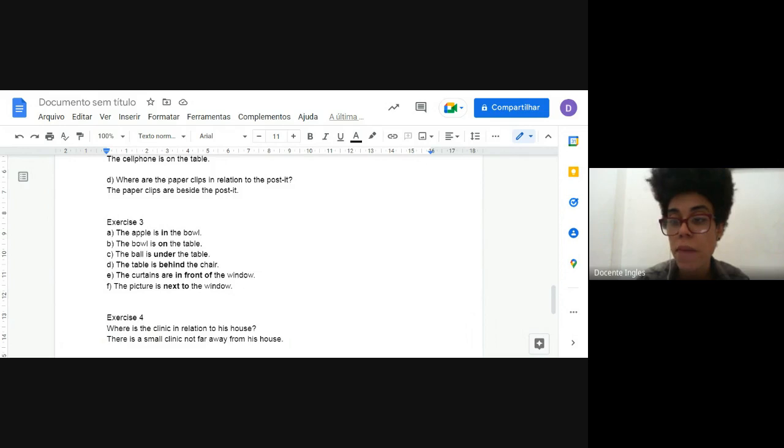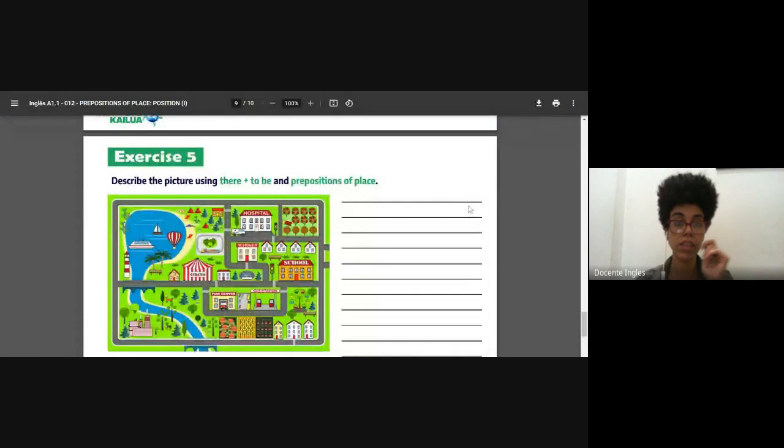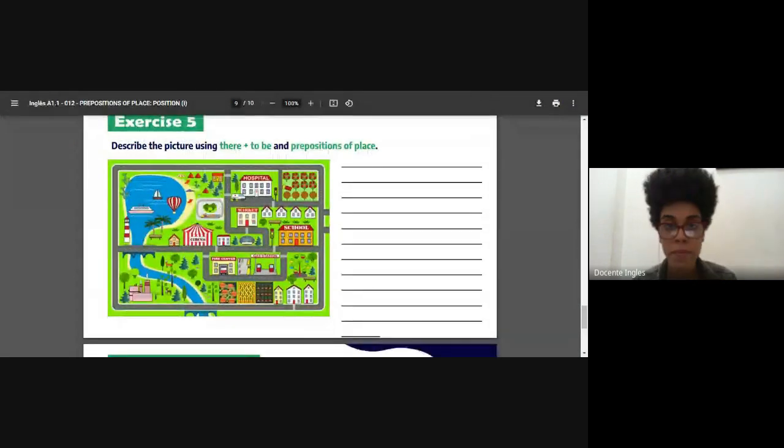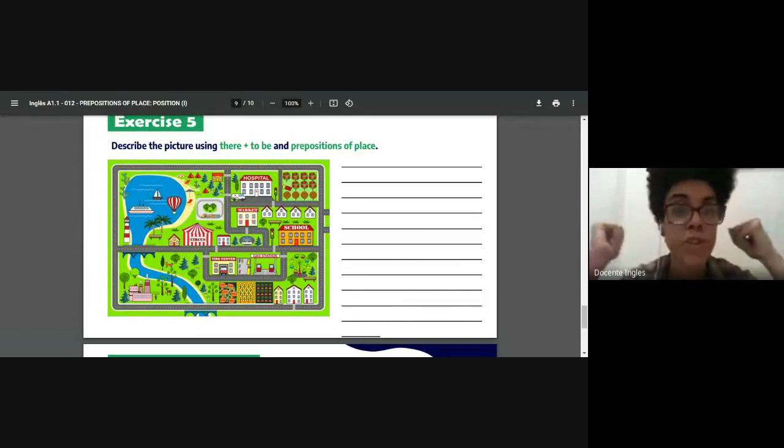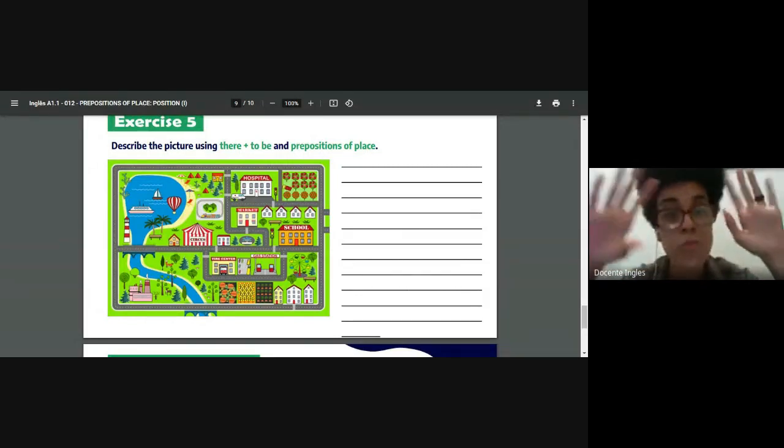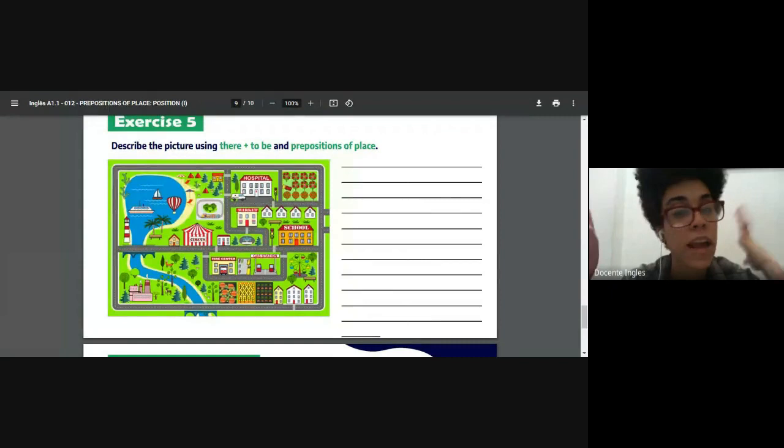Now let's go back because we still have one activity to do, and a fun activity. So this little map, and you have to describe the picture according to what you see. You don't have to describe everything.